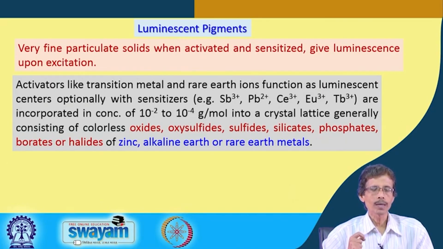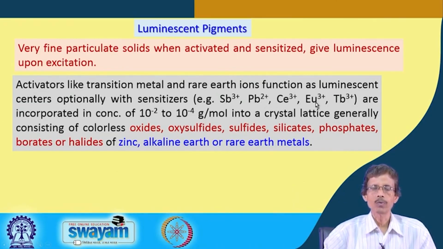So, we will add them as sensitizers. Sensitizers are basically some compounds of the lanthanides, that means cerium, europium and terbium. These three metal ions out of the 14 lanthanide ions, we all know that you have the f elements, 14 in number, the first series. So, cerium, europium and terbium we will use, along with antimony and lead, which can also function.